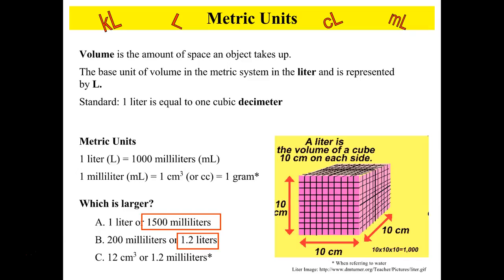Finally, 12 cubic centimeters: 1 cubic centimeter is equal to 1 milliliter, so that'd be 12 milliliters, or 1.2 milliliters. Well, in this case, 12 cubic centimeters is much greater. So that's a little comparison between metric volume units.